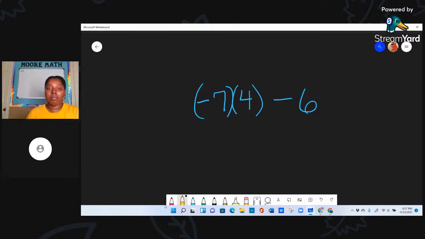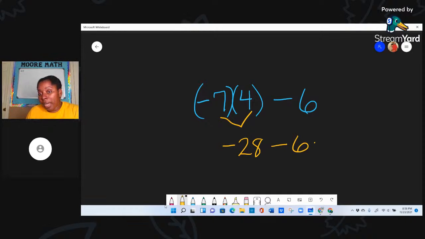Negative 22. Okay, tell me what you did. Negative 7 times 4 is negative 28. Good. And then minus 6 is negative 22. Okay, so we start at negative 28, and which way are we going on the number line? Left or right? Left.